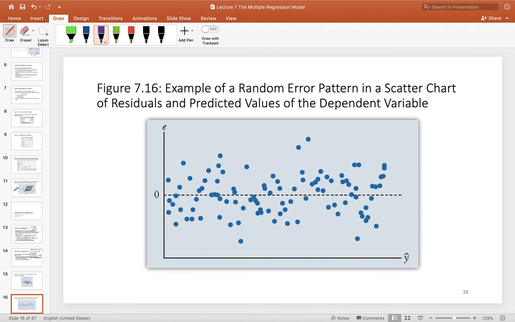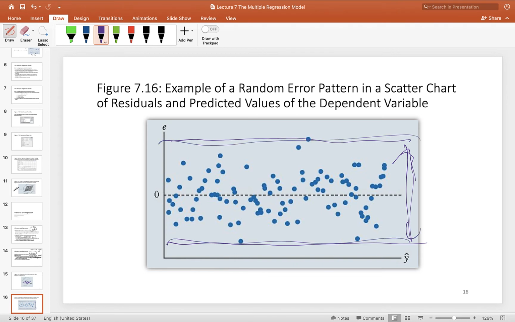Overall, what I can see here is the variability is approximately the same all the way along. Between here and here, the variability is about the same all the way along. There doesn't seem to be any curvature or anything to make me think that we don't have linear data. So remember, these are plots of the residuals.